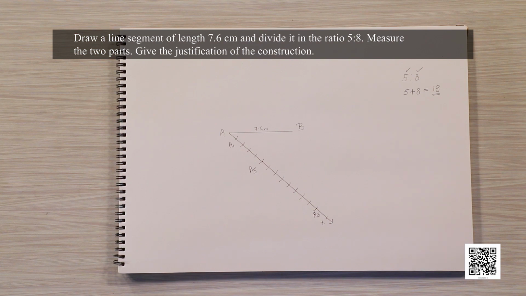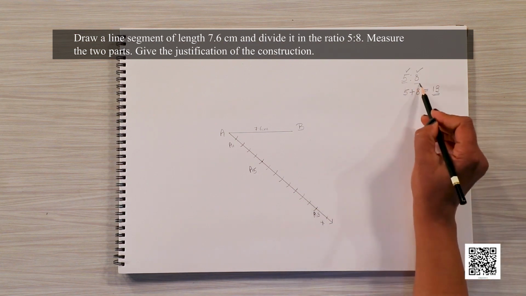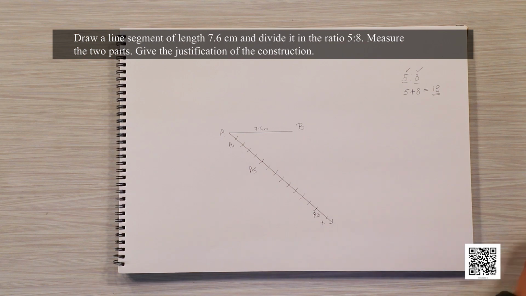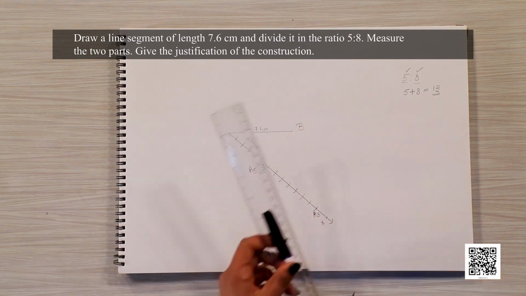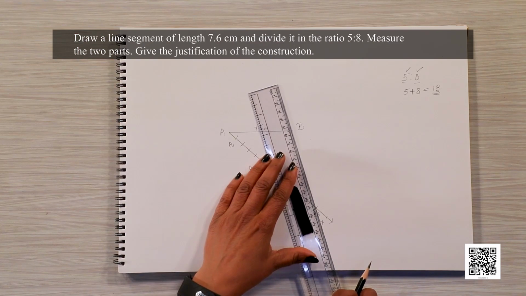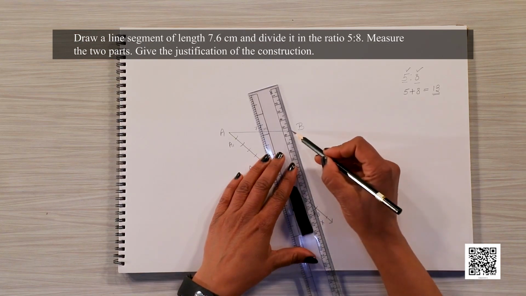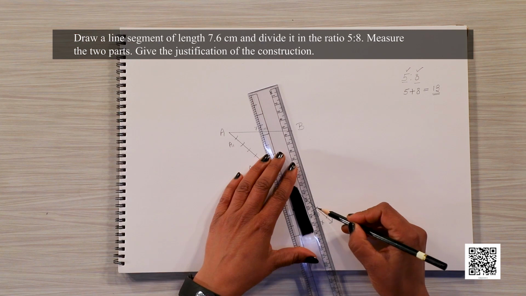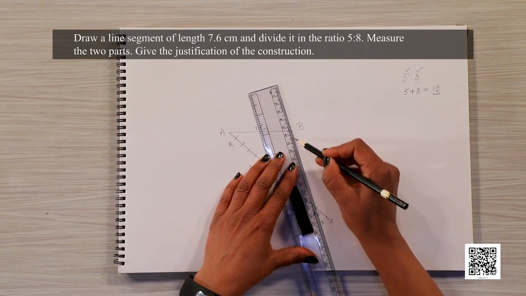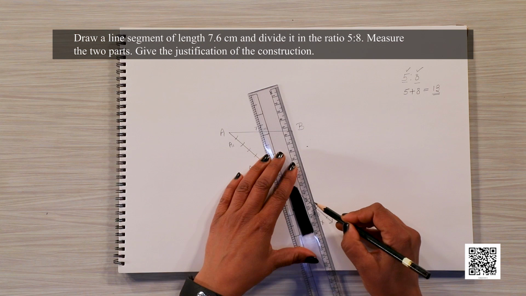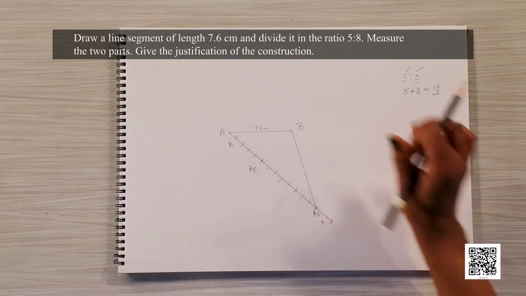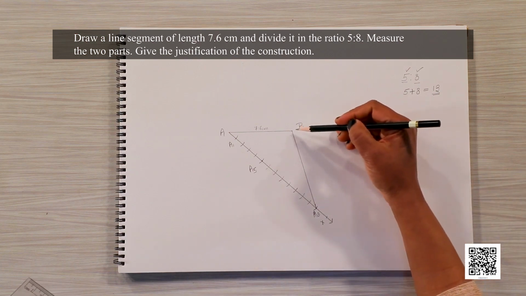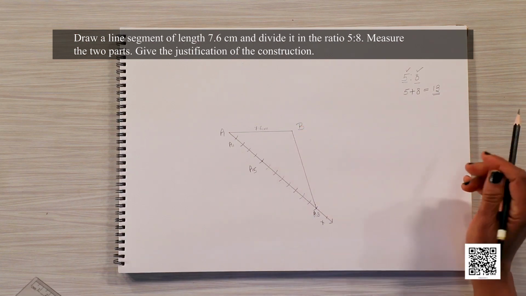Now, the ratio is 5:8. For that, I will first join point A13 with point B. We got line segment BA13.